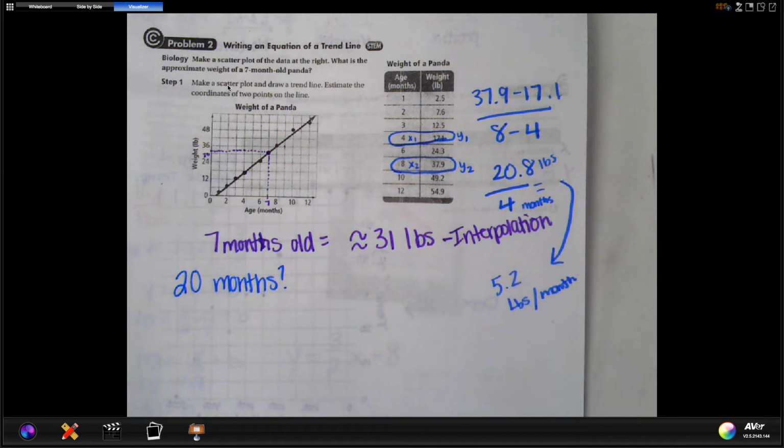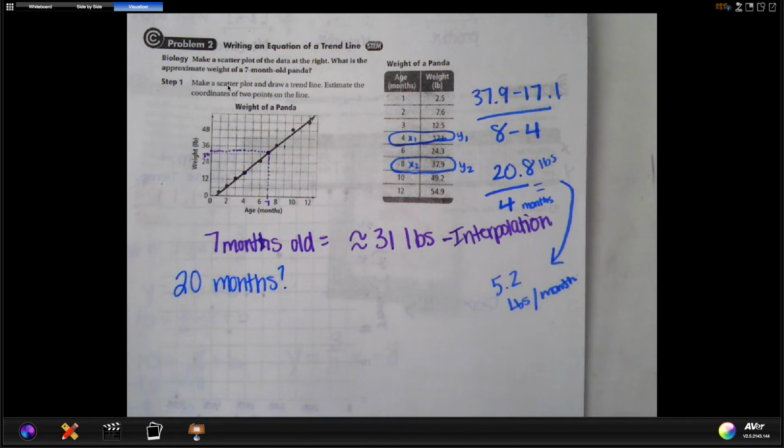Now, we have to figure out our y-intercept, because is the baby panda, when it's born, 0 pounds? No, it's not, is it?